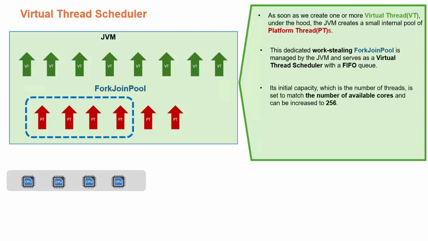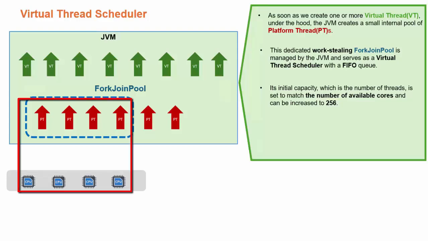Its initial capacity, that is the number of threads, is set to match the number of available cores, and at most it can be increased to 256. Here in the diagram, hypothetically, we have kept 4 CPU cores. That is why we are displaying the ForkJoinPool default size as 4.